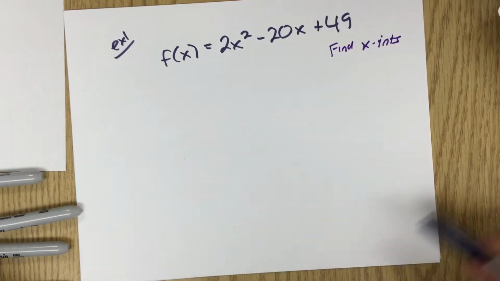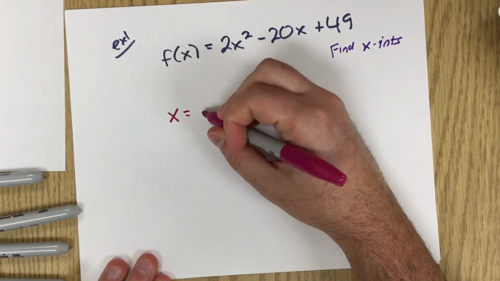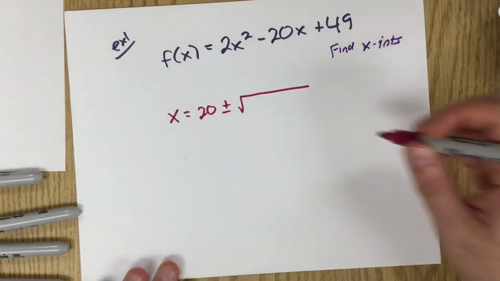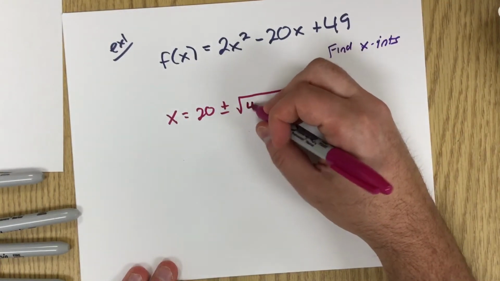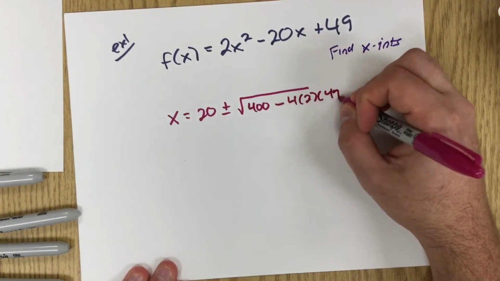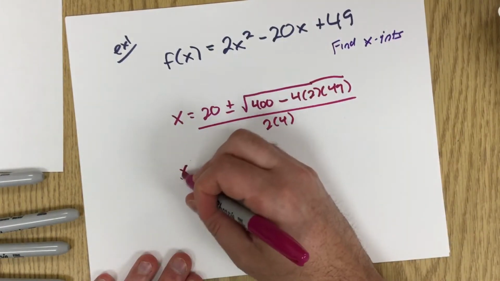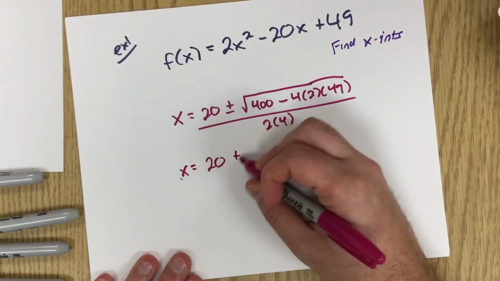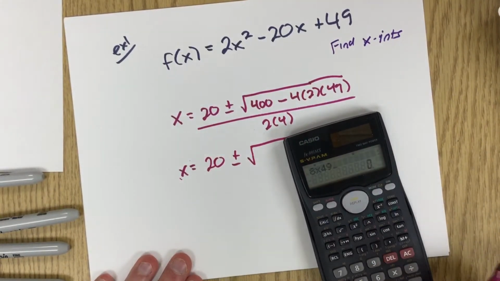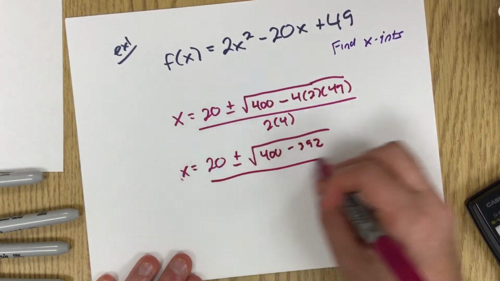So the quadratic formula is going to be x equals minus negative 20, so 20, plus or minus the square root of b squared, which is going to be 400, minus 4 times 2 times 49, over 2 times 2, which is the square root of, what is 8 times 49? 8 times 49 is 392. 400 minus 392, oh, that was a mess.